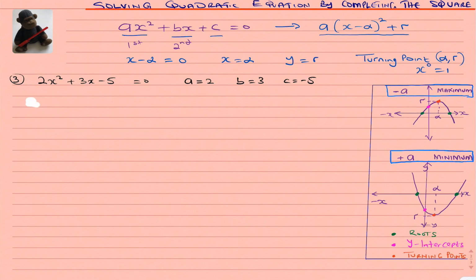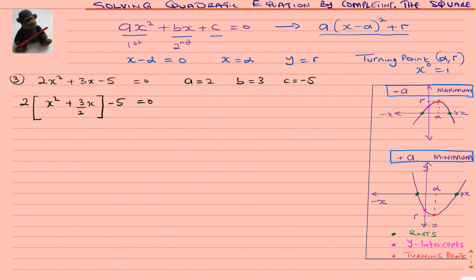So taking 2 out means you're dividing by 2. I'm using a square bracket, so I get 2 times x squared plus 3 over 2x, close the square bracket, minus 5 equal to 0. So this is now prepared for completing the square.